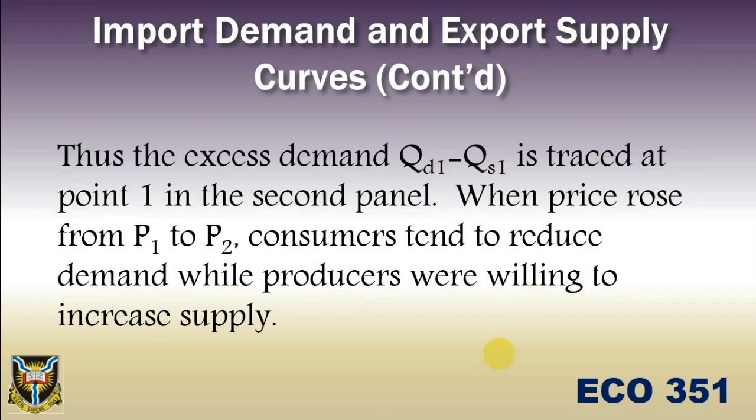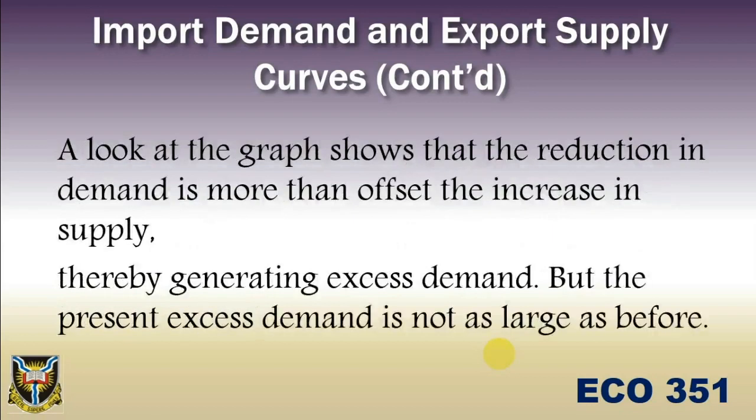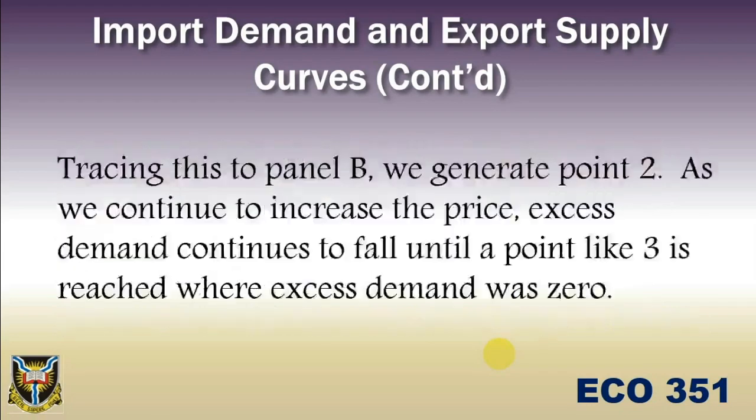When price rose from P1 to P2, consumers tend to reduce demand, while producers were willing to increase supply. A look at the graph shows that the reduction in demand more than offsets the increase in supply, thereby generating excess demand. But the present excess demand is not as large as before.